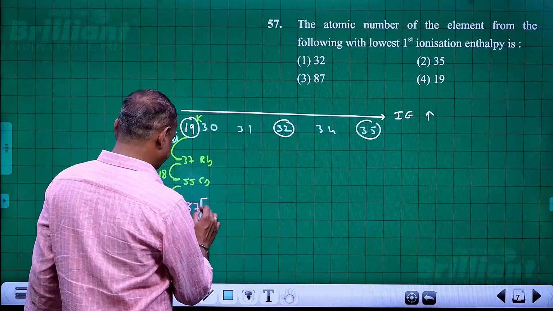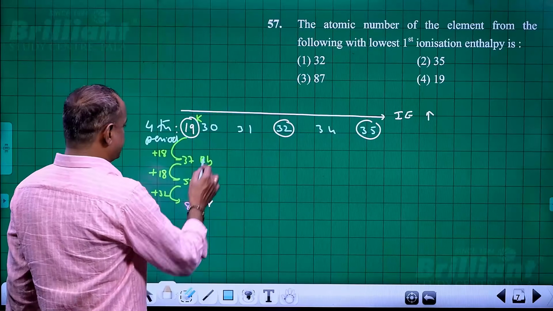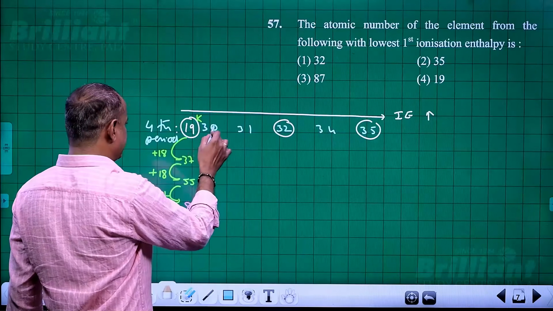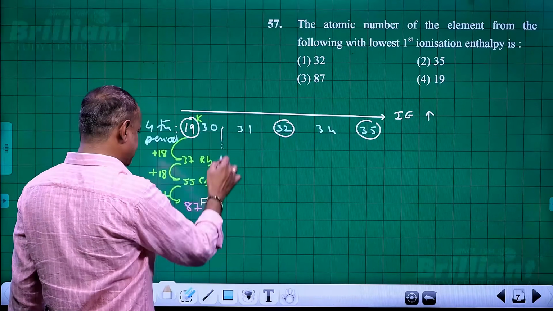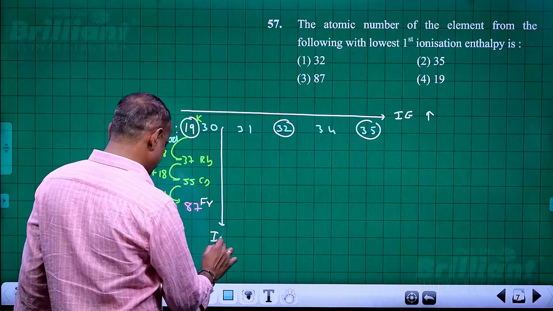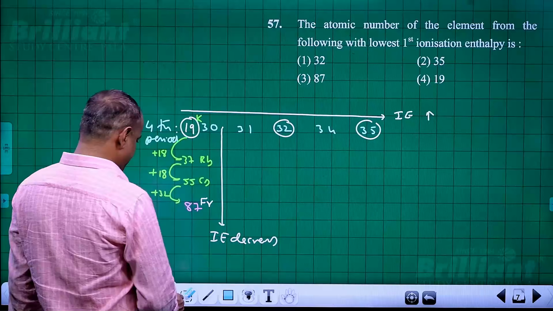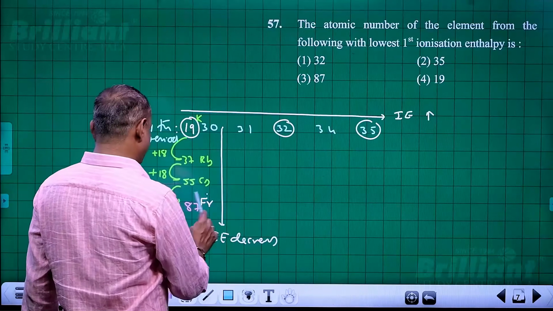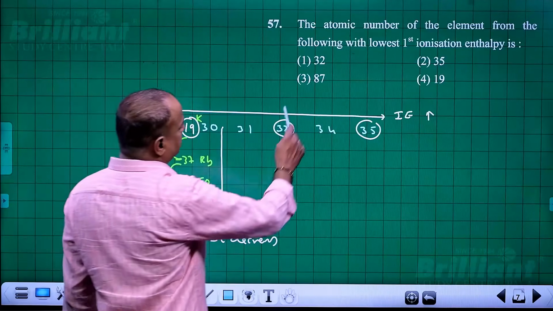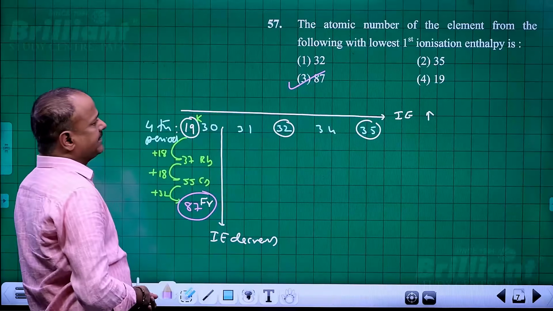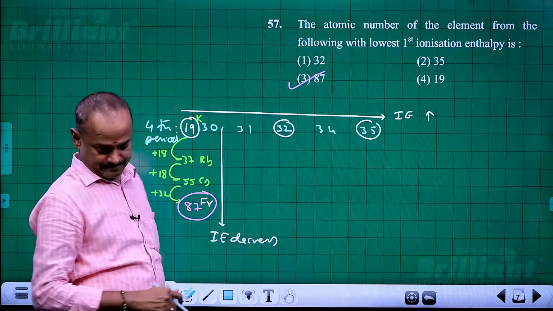So from top to bottom ionization energy decreases. So francium has the lowest value of ionization energy. 87 atomic number, option 3. Okay.